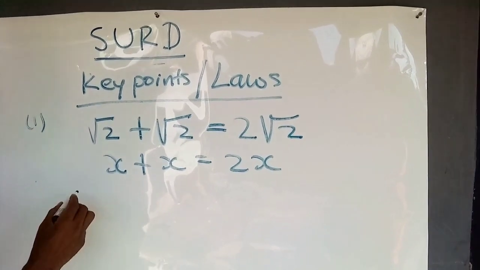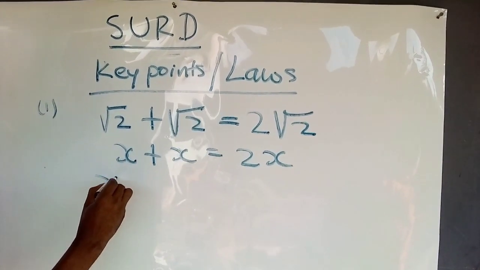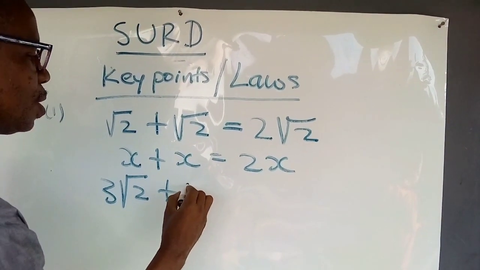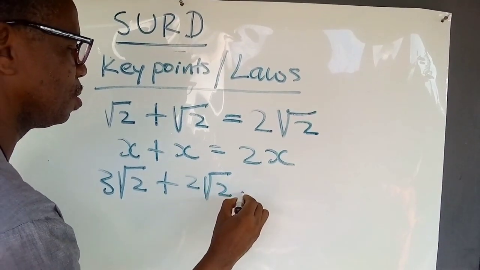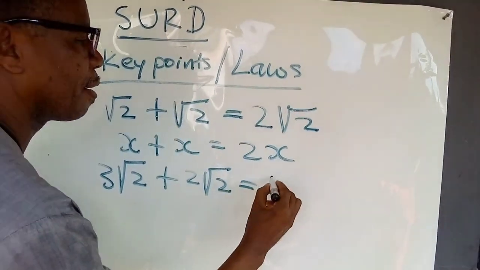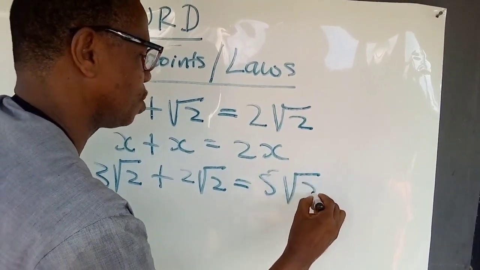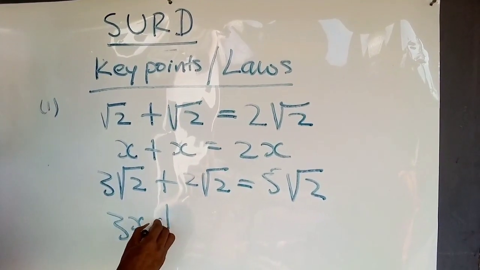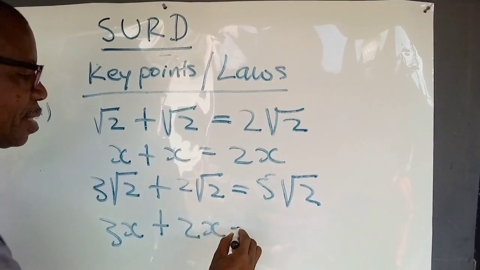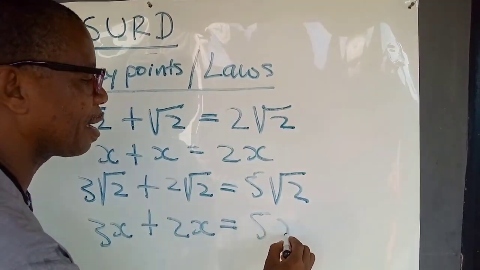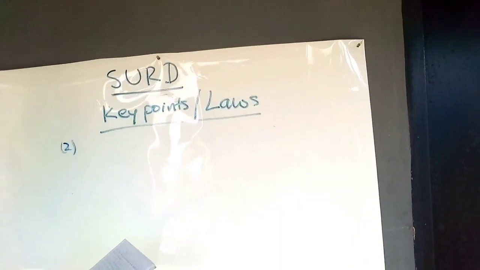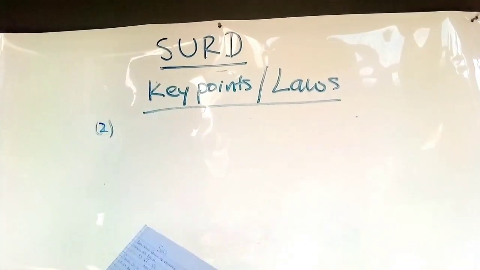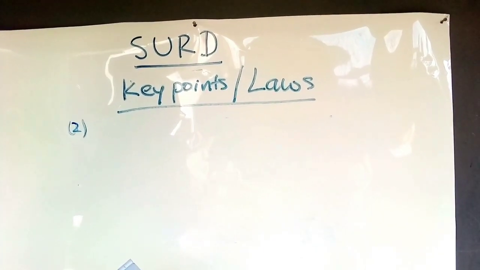In the same vein, if I have 3√2 plus 2√2, it's going to give me 5√2, which is similar to 3x plus 2x, giving me 5x.